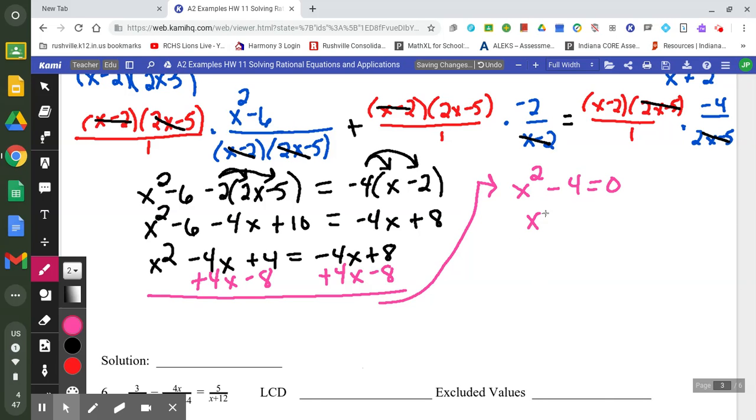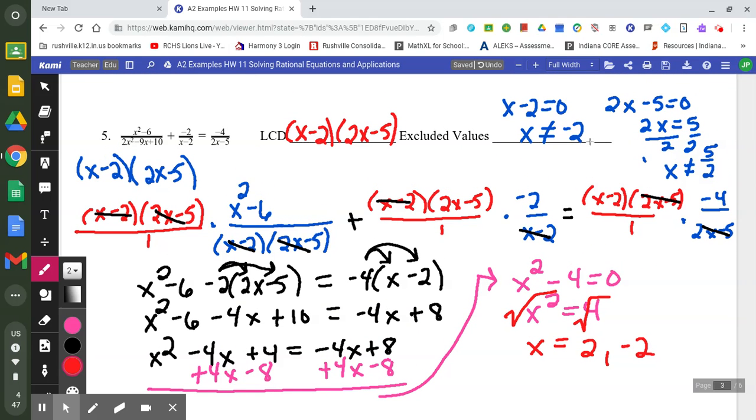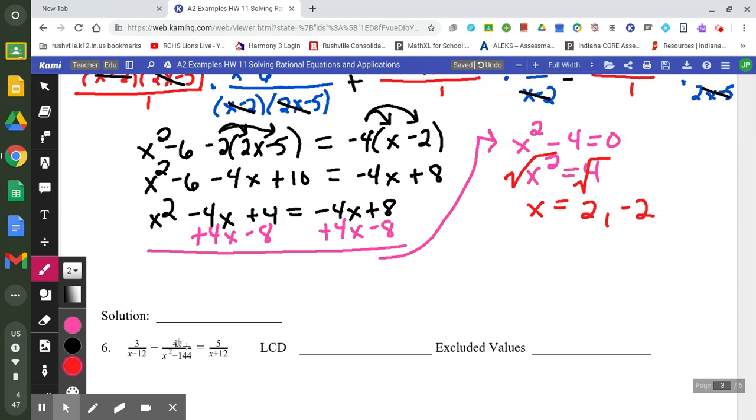And then x squared equals positive 4. When you take the square root of x squared, you get x. And the square root of 4 is positive 2 and negative 2. So then I look back up at my excluded values, and one of my excluded values is negative 2. So my only solution on this one is a positive 2.